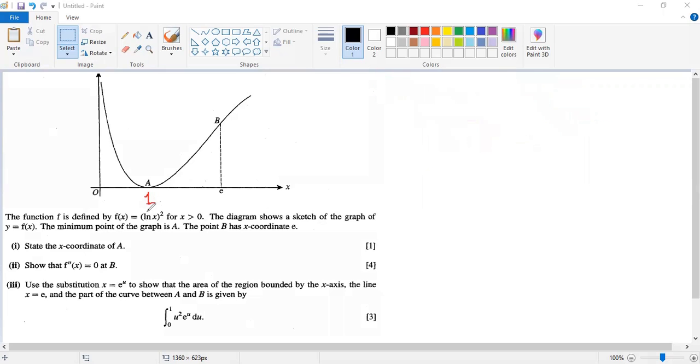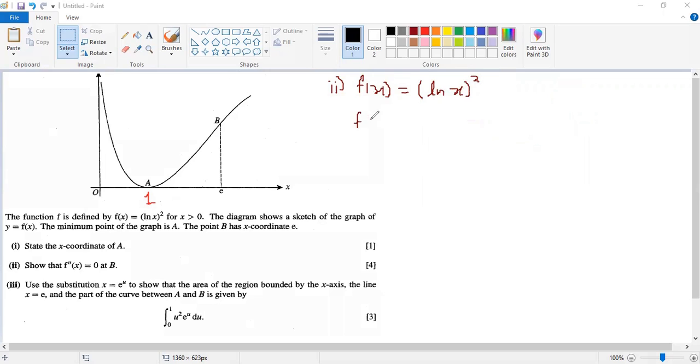Okay, it's done now. Show that the second differentiation of f is 0 at B. Because what we do is, let's say we talk about f(x) equals (ln x) squared. We're doing a bit of a chain rule thing.